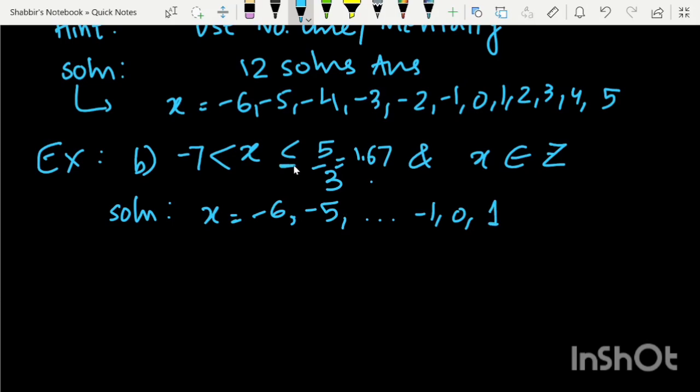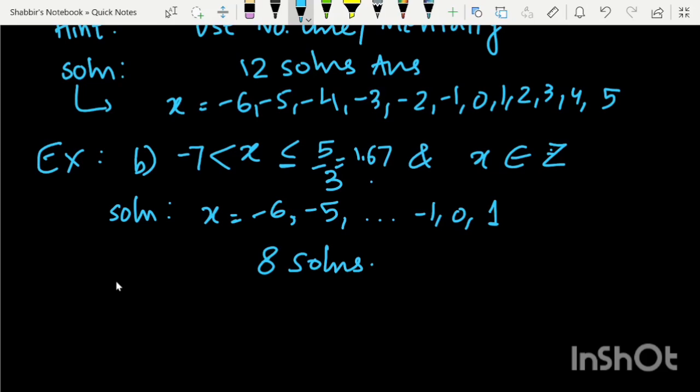Equal to 5 by 3 won't matter, because x is an integer, we cannot take x more than 1. Although 1.67 is included, it won't make sense here. So if you count it, it is 8 solutions. Okay, so that we will do.